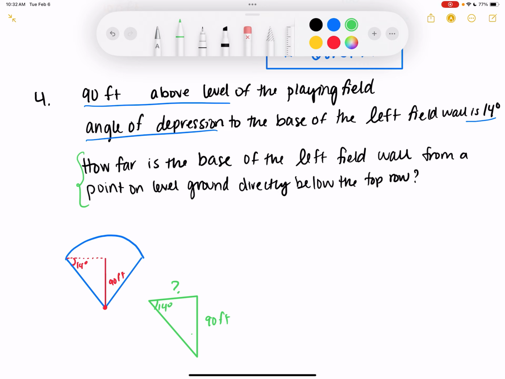So, what trig function associates these things? Tangent. You're going to find that's pretty common. So the tangent of 14 degrees is equal to 90 over x. We can just swap those, so x is equal to 90 over the tangent of 14.